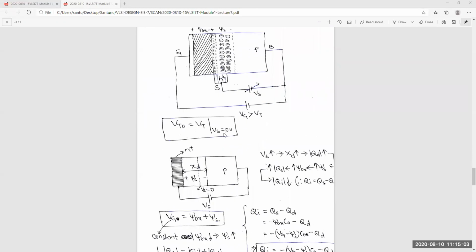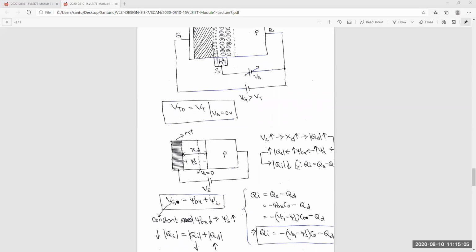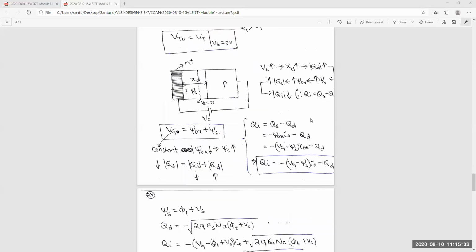So now Qs increases, but as Qs increases and Qd increases, Qi is Qs minus Qd. So the inversion charge Qi decreases. You can see this from here.